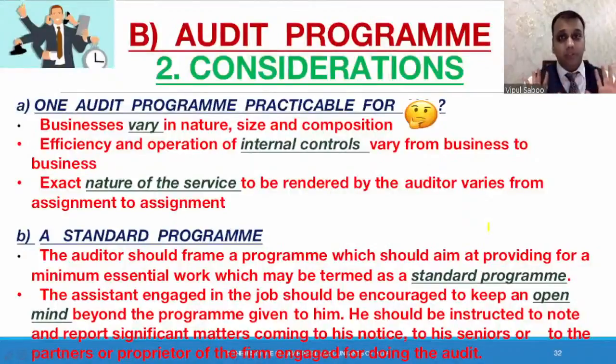I'm the same person, but the approach differs with different kinds of subjects. Same is the case with audit program. One audit program is not practicable for all the audits. What are the reasons? The reasons are all businesses vary from each other in nature, size, and composition.